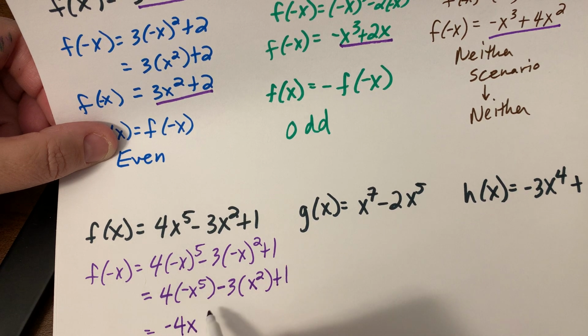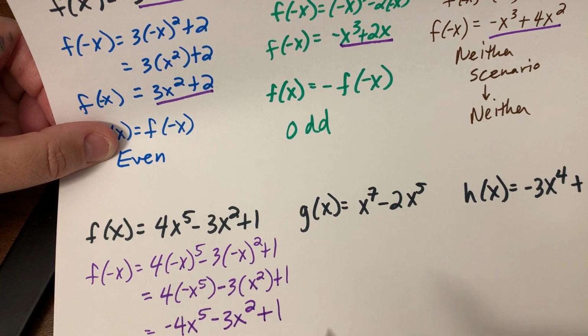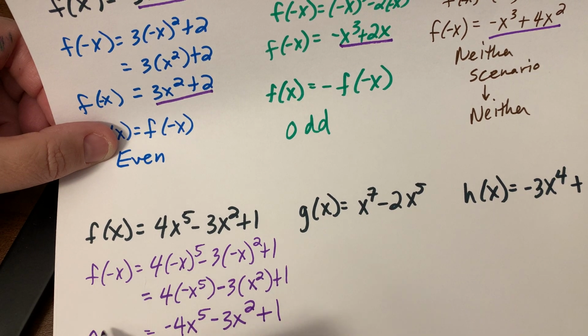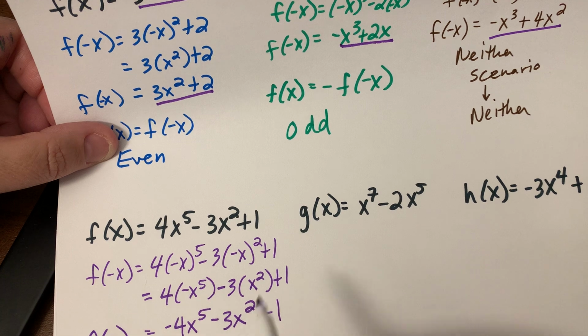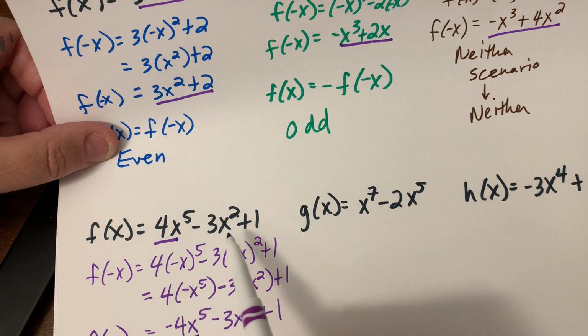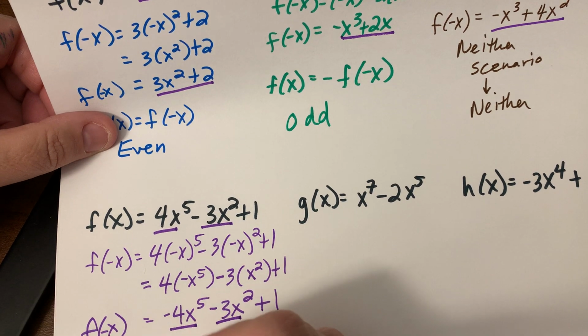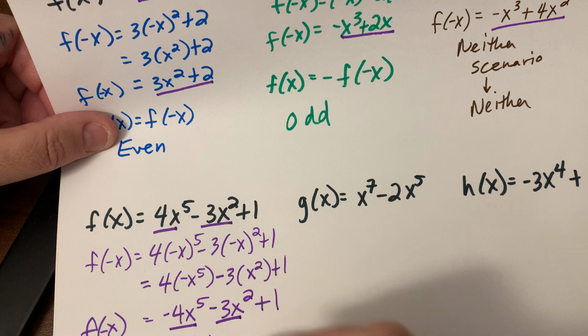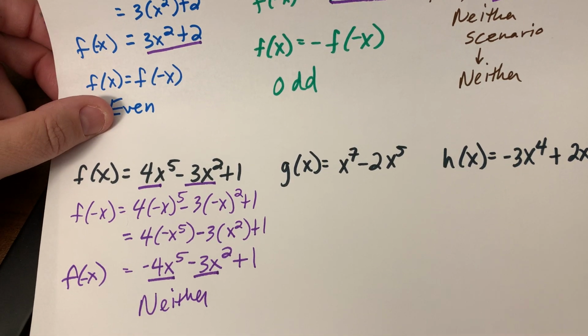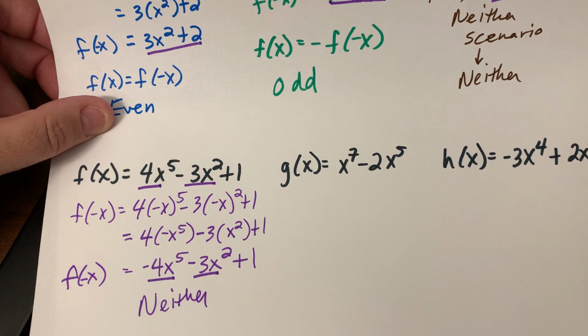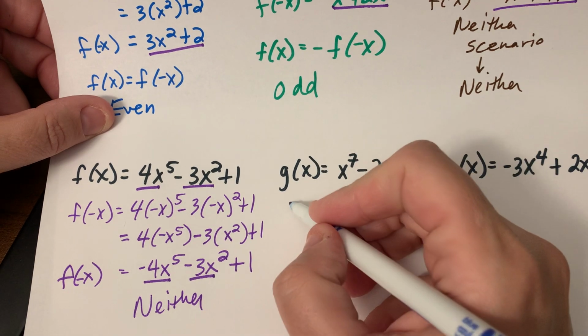Finally, I get negative 4x to the 5th minus 3x squared plus 1. If I compare all of these signs, 4x to the 5th, minus 4x to the 5th, opposite. Negative 3x squared, same. This is a neither situation. Did you get that one right? I hope you did.